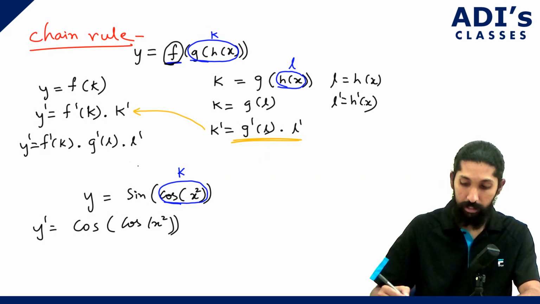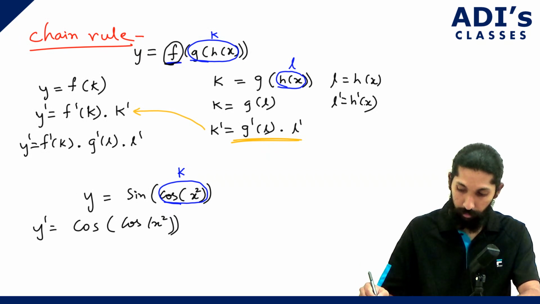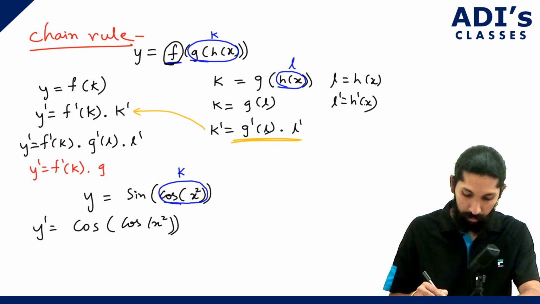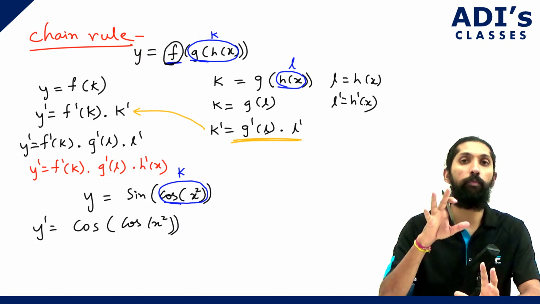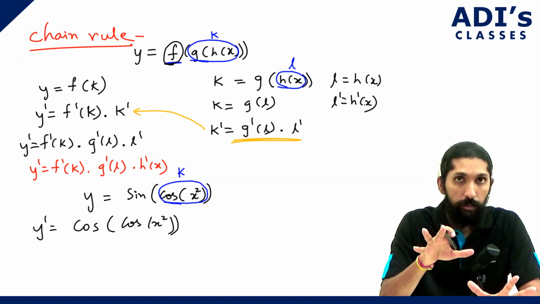Now what is L dash? h dash of x. Substitute. So you are going to get at the end as y dash is equal to f dash of k into g dash of L into h dash of x. Guys, it might look very complicated, but it's not.